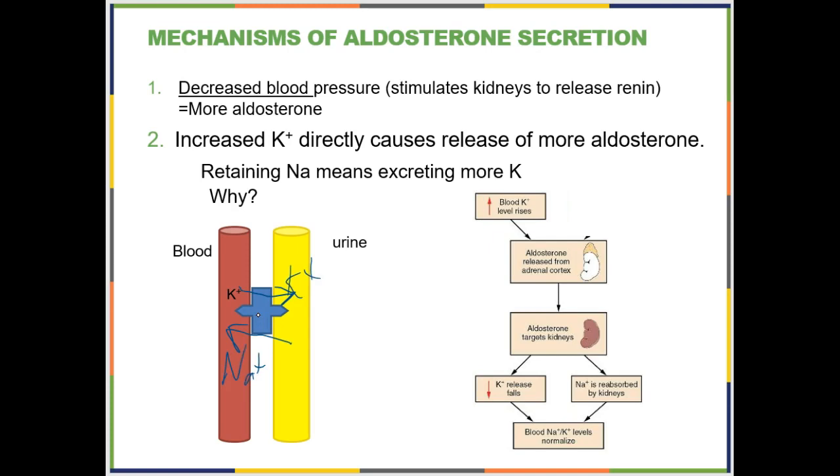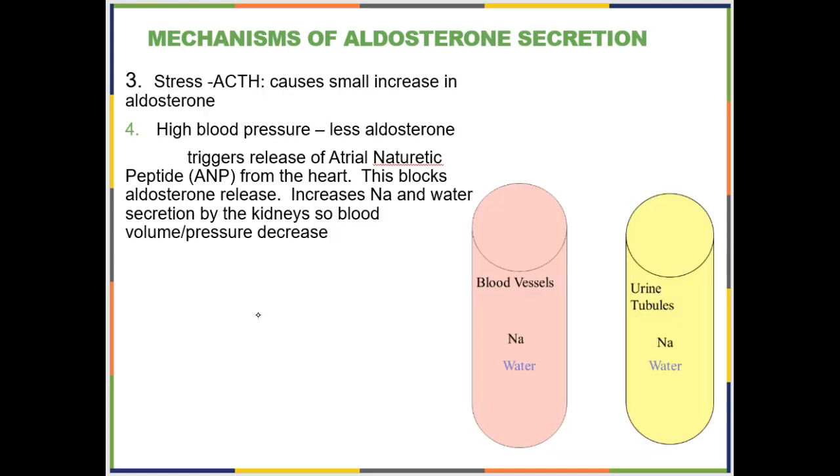This is one of the reasons why you have to watch your sodium intake, because you can't regulate your sodium and potassium independently of each other. So if you've got excess potassium, your body is going to continue to reabsorb sodium so that your potassium levels are where they're supposed to be, and you're going to end up with elevated sodium levels and hypertension because of all the water that follows it.